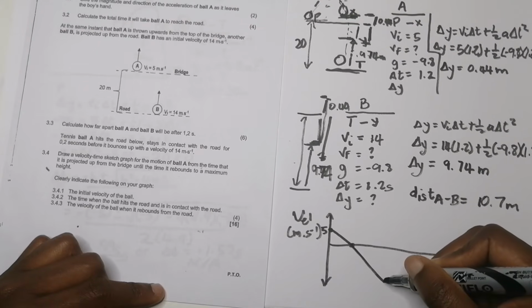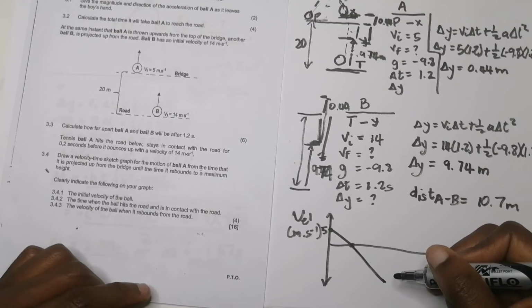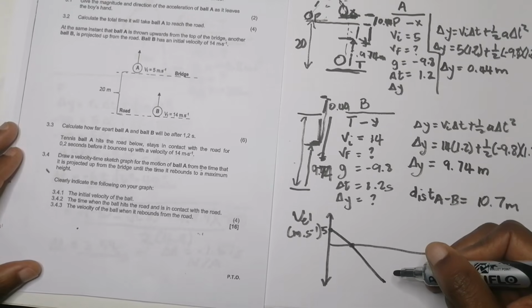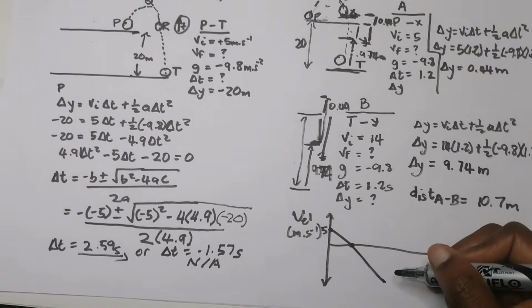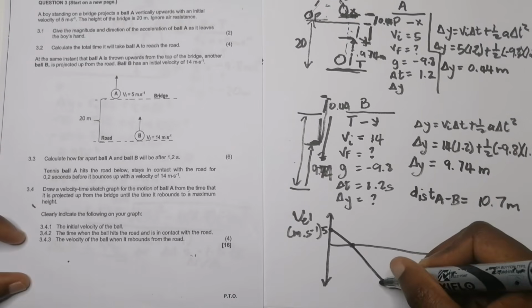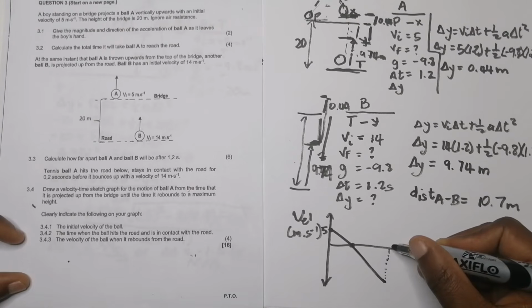So now we said it gets to the ground. I'm not sure, did we calculate the velocity with which it lands on the ground? I don't think we did. That's ball A, yeah, we didn't. So we don't know what that velocity is. But we know there'll be a time delay a bit.